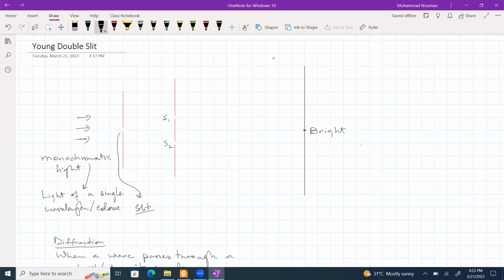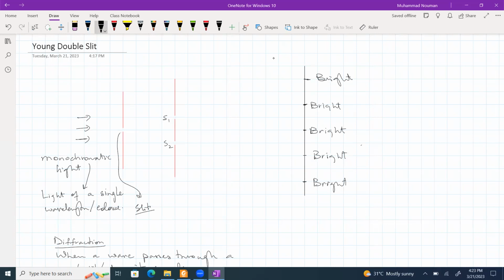Okay, and maybe on that point, we get another bright fringe. And even here as well, on this point, we get a bright fringe. We get a bright fringe here as well. And this goes on and on, bright fringe.